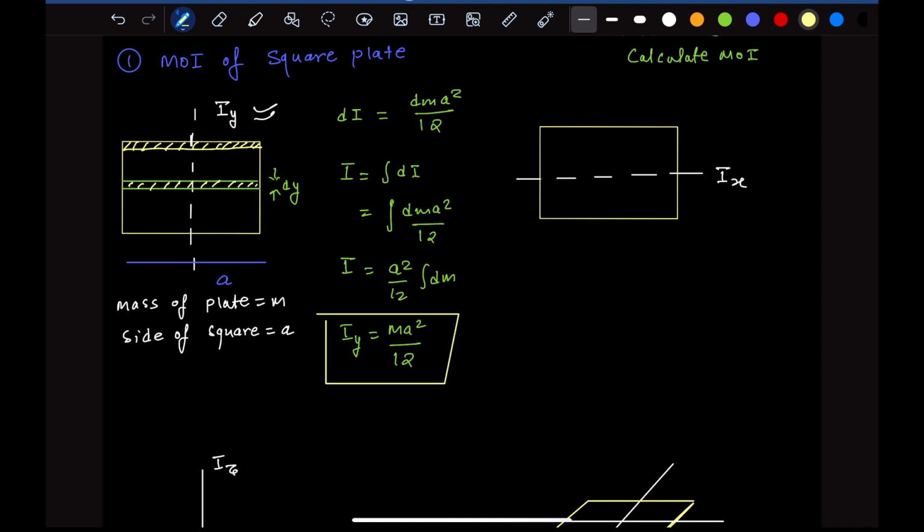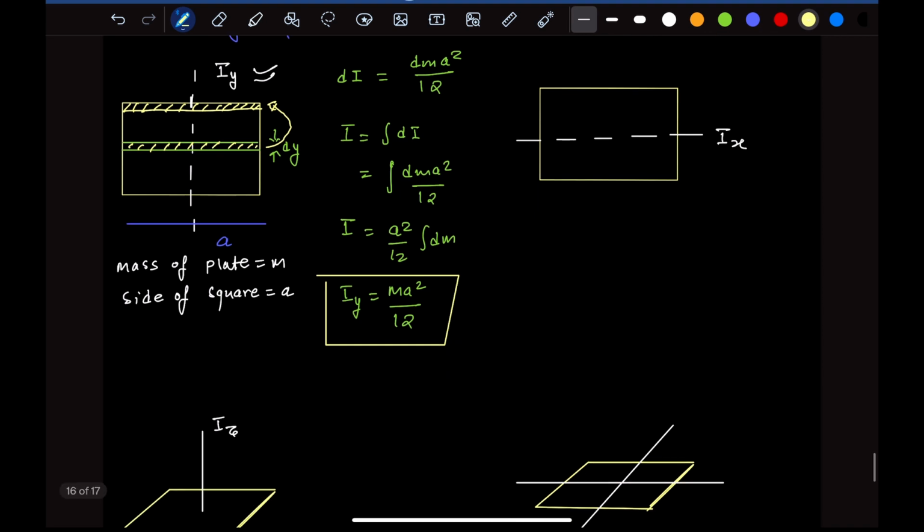I am shifting this green color rod to here in the yellow color, because the perpendicular distance of the mass from the axis of rotation is not changing. So that's why the moment of inertia of the complete rod is not going to change, right? Similarly, I can shift all of the elements to this place.